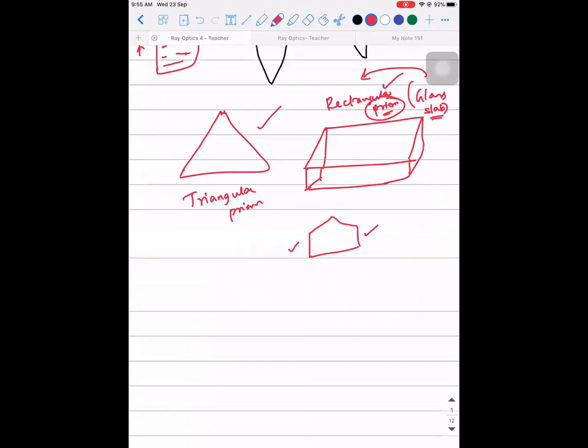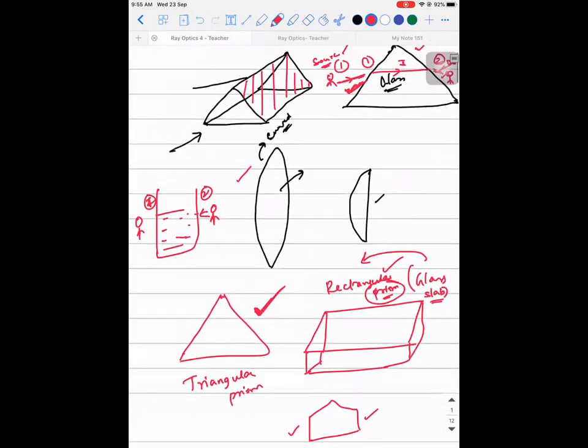Pentagonal prism. It's a pentagonal prism, that's it. Generally, we don't use such names. So you're able to understand. These things exist, but our topic of discussion is restricted to the triangular prism. I hope you have clarity on what a prism is and how to define a lens. Yes or no? Yes, sir.